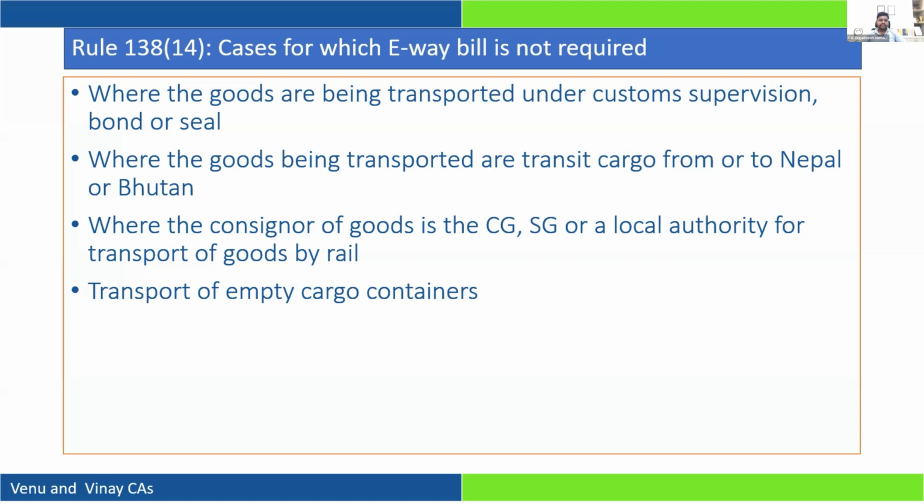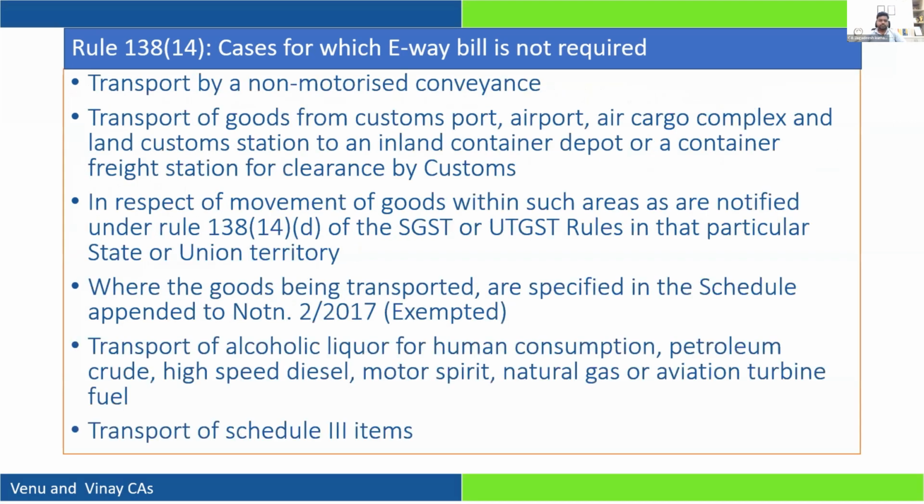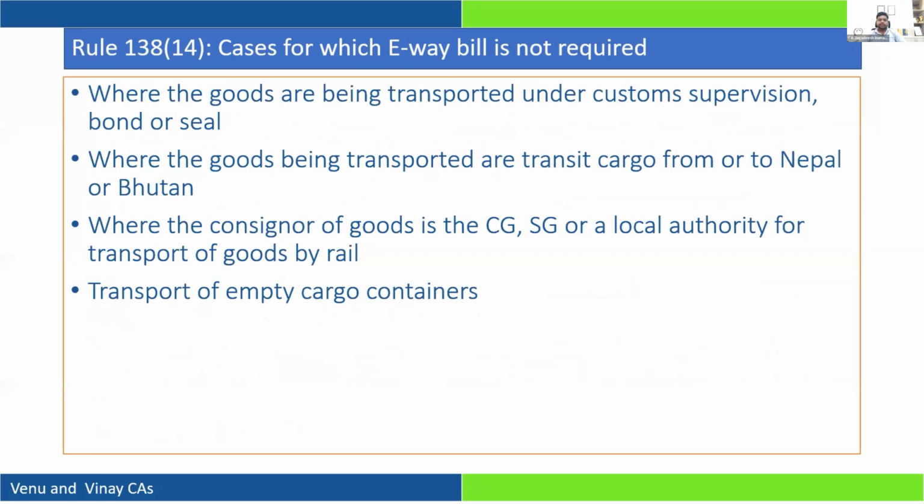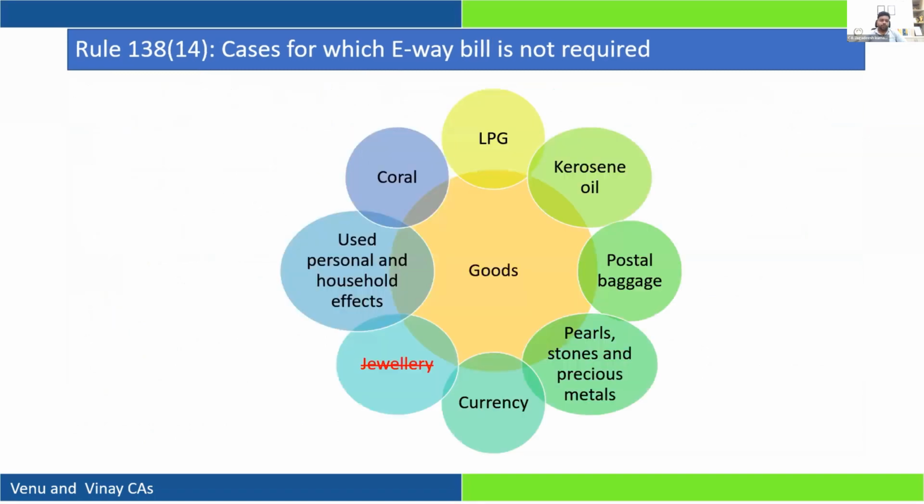And in addition to this list, sub rule 14 has given examples of goods for which the e-way bill is not required. We'll see what the goods are: LPG, kerosene, postal baggage, pearls, stones, currency, jewelry. Jewelry has now been excluded from this list. Also used personal and household effects, coral, and for all this, the e-way bill is not required.